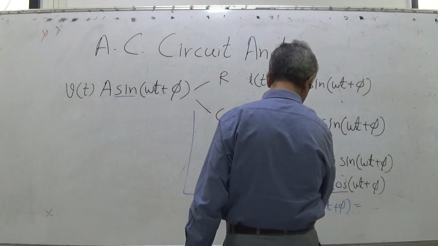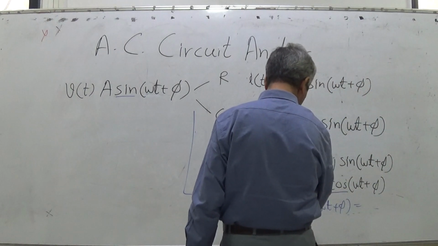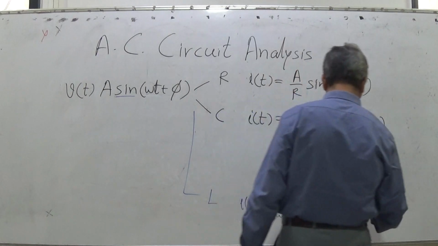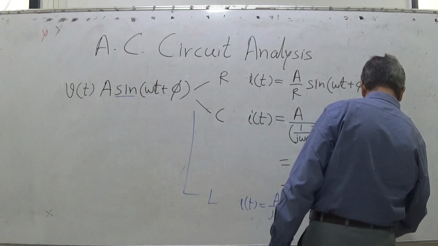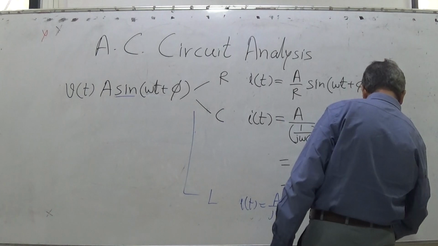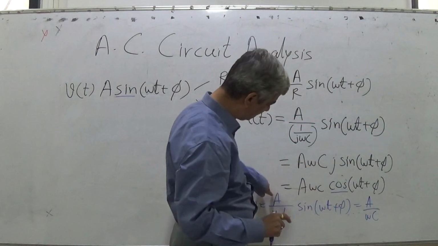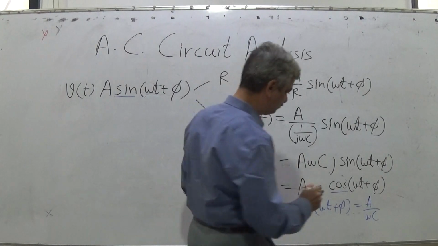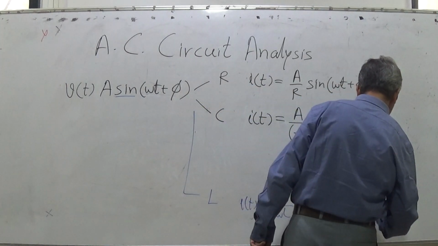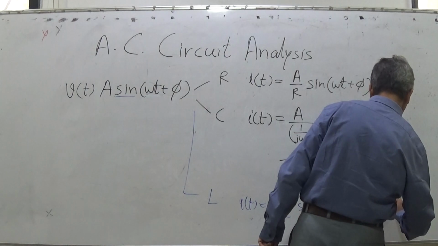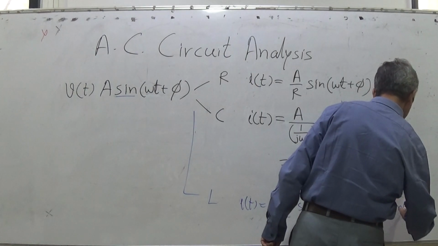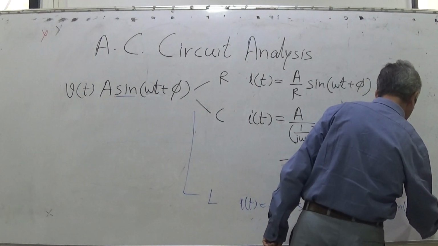Multiply numerator and denominator by j, so I get A upon omega L, multiplying j and j it becomes minus 1, so it is minus j sine omega t plus phi.